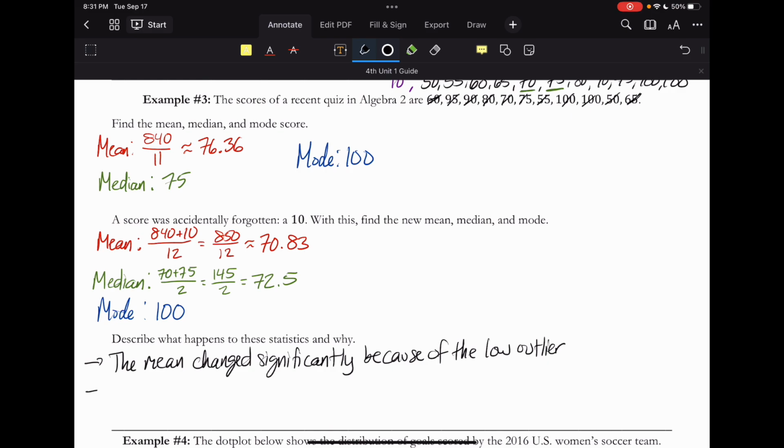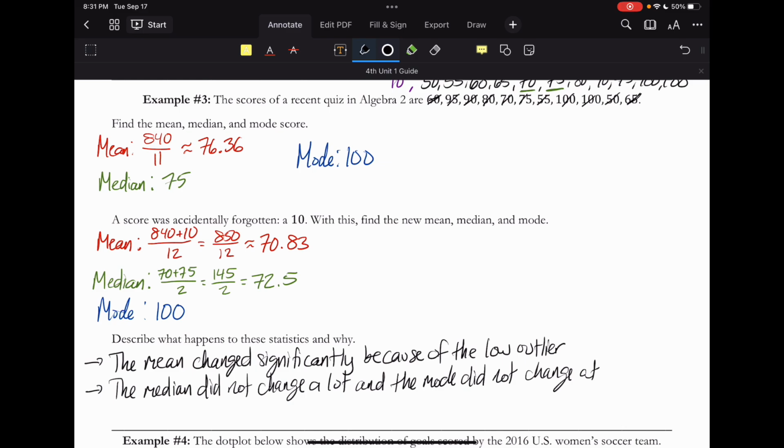Okay. The median did not change a lot. And the mode did not change at all. Okay.